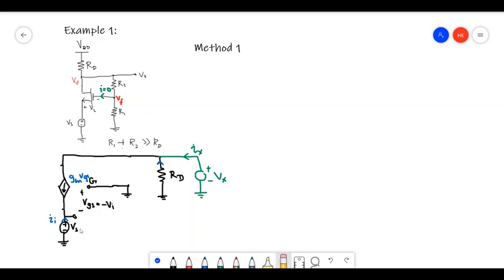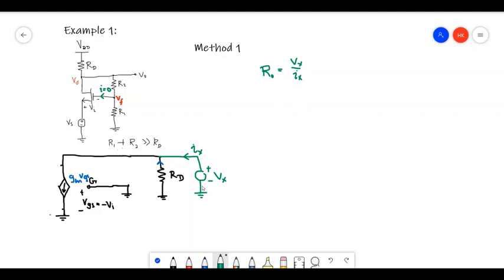Also we have to make the source 0, in other words we can ground this point, right? So that is simply that. Now the output resistance R out of the open loop system is given by Vx over Ix.